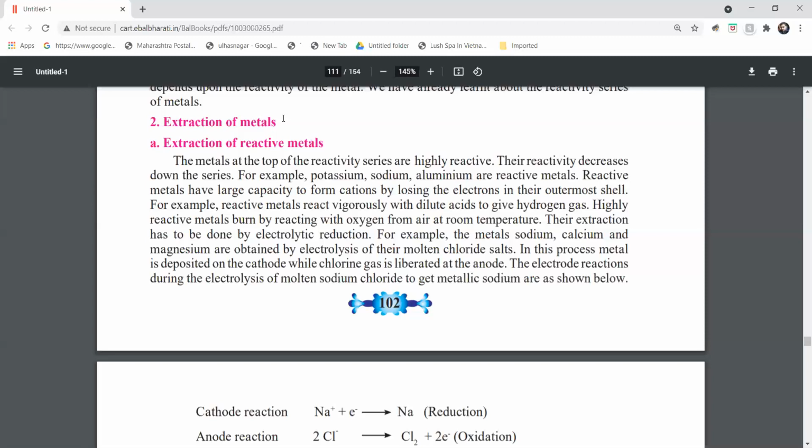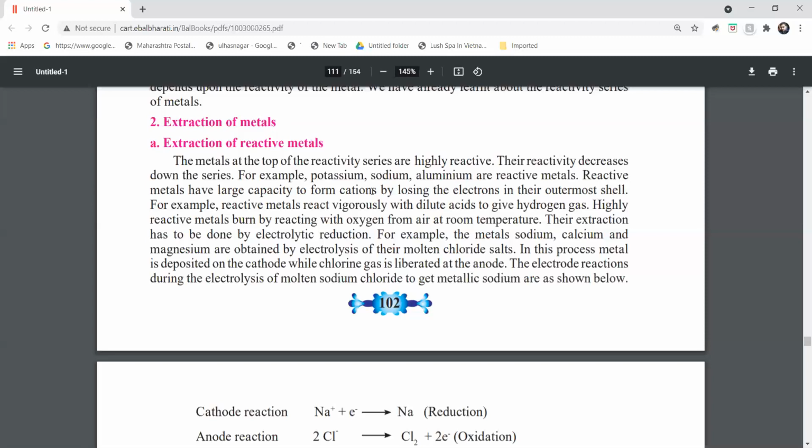So the metals sodium, calcium, and magnesium are obtained by electrolysis of their chloride salts. Sodium, calcium, and magnesium are naturally found as chloride salts, like sodium chloride, calcium chloride, and magnesium chloride.